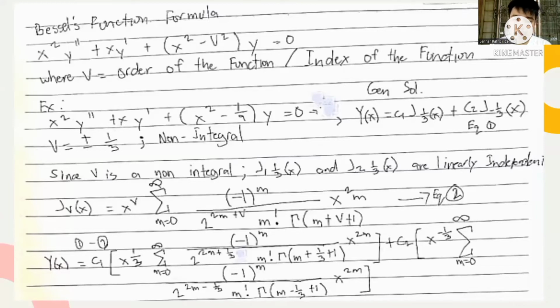Ang general solution ng Bessel function of the first kind, ito yung y(x) equals c1 J 1/3 (x) plus c2 J negative 1/3 (x). Yung v ang value niya equals sa plus or minus 1 over 3. Yung 1 over 3, non-integral siya. Since v is non-integral, J 1/3 (x) and J negative 1/3 (x) are linearly independent.